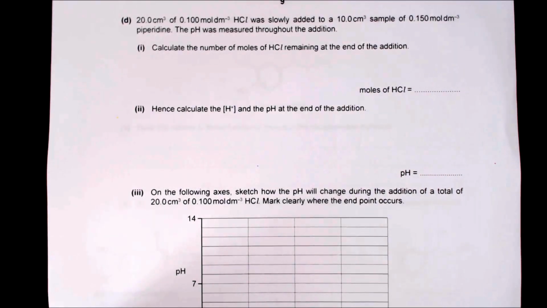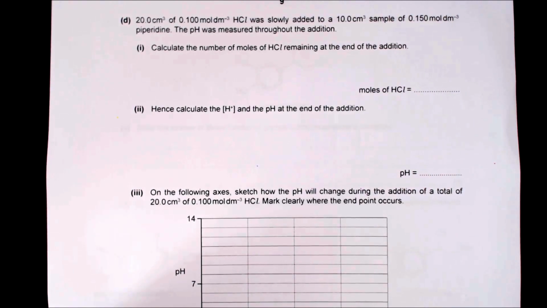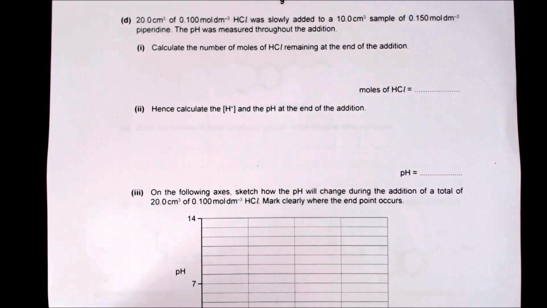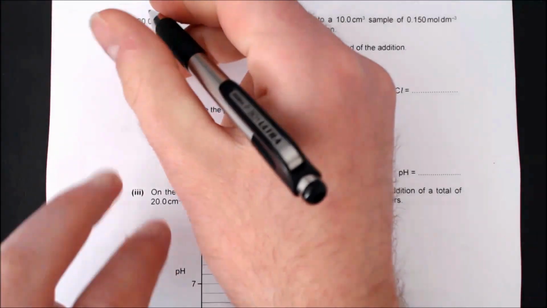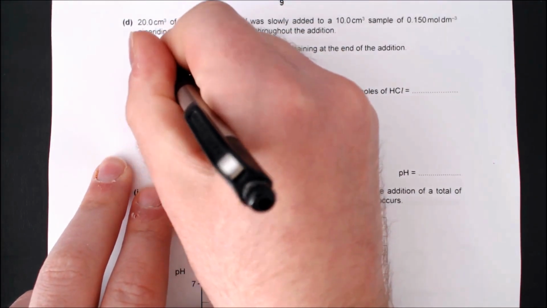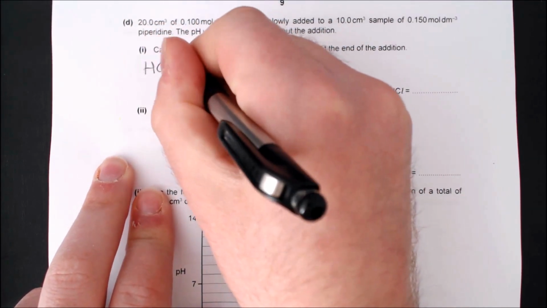So what we're going to do is work out how much HCl we had at the start, and then we work out how much we had at the end, because all of the HCl would have reacted with that piperidine as well. So let's just put this on here. The HCl at the start.